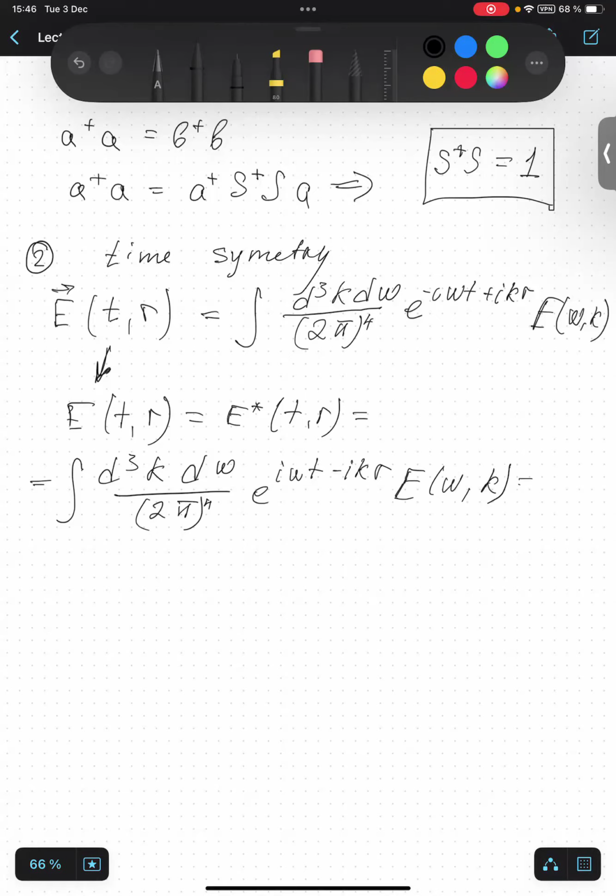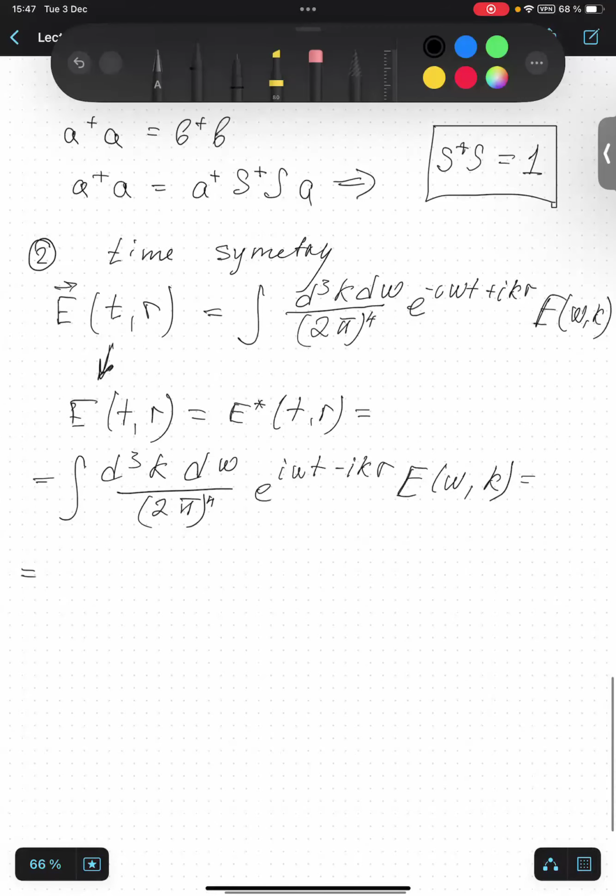And now, as previously we did, let's change omega to minus omega and k to minus k. Also I forgot here the complex conjugated field.